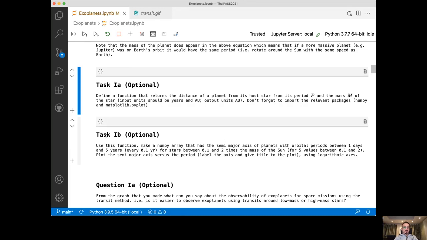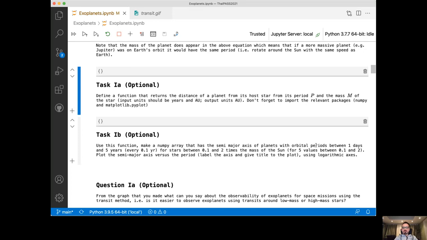And then for the second task, task 1b, you will use this function that you defined before to plot the semi-major axis of planets with orbital period between 1 day and 5 years for stars between 0.1 and 2 times the mass of the Sun.